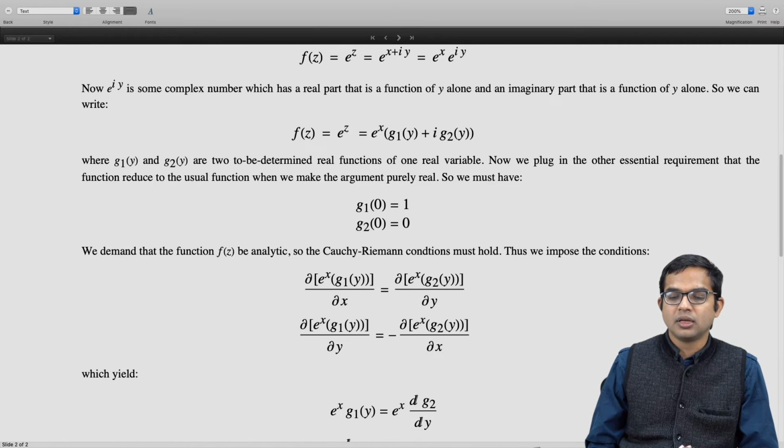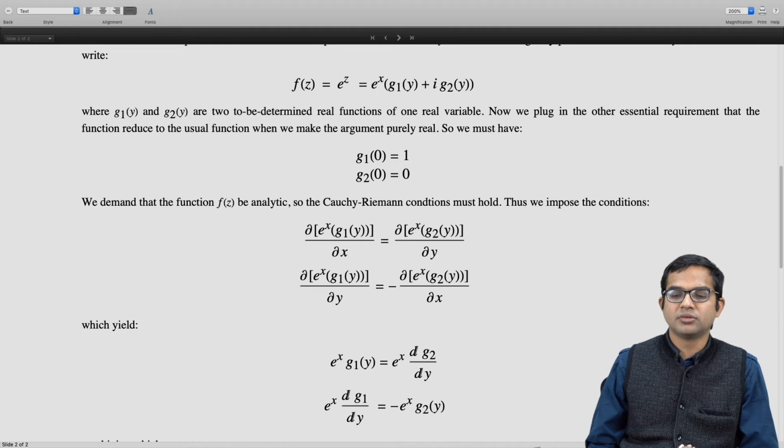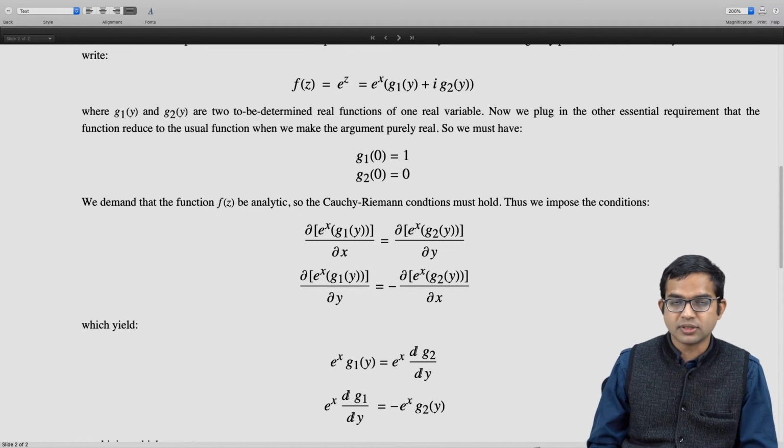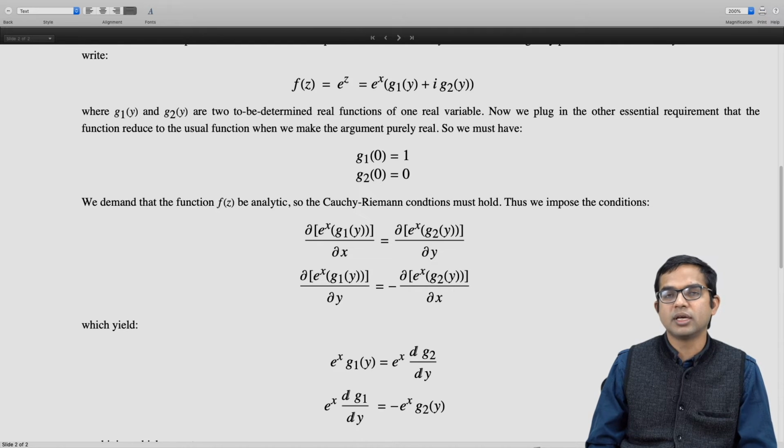If we carry out these partial derivatives, differentiation with respect to x just gives e to the x, so the left hand side is e to the x times g1 of y. On the right hand side, e to the x is for all practical purposes just a constant as far as this partial derivative is concerned, so you can pull it out, and dou by dou y becomes d by dy because g2 is a pure function of y. So you have e to the x times dg2 by dy.